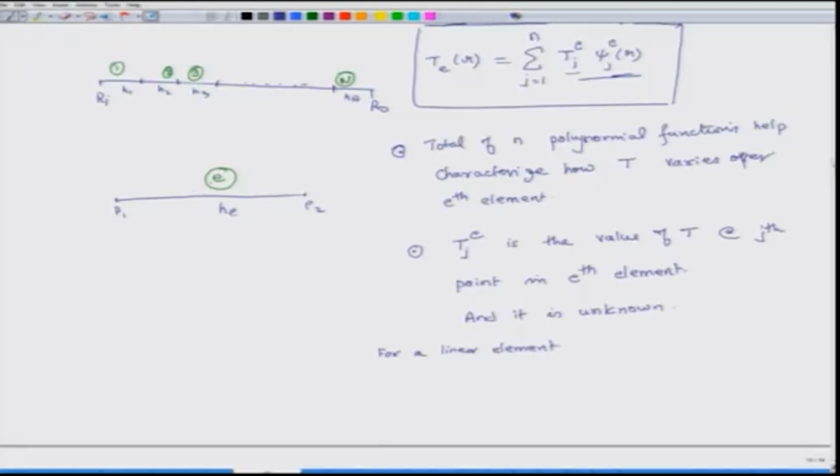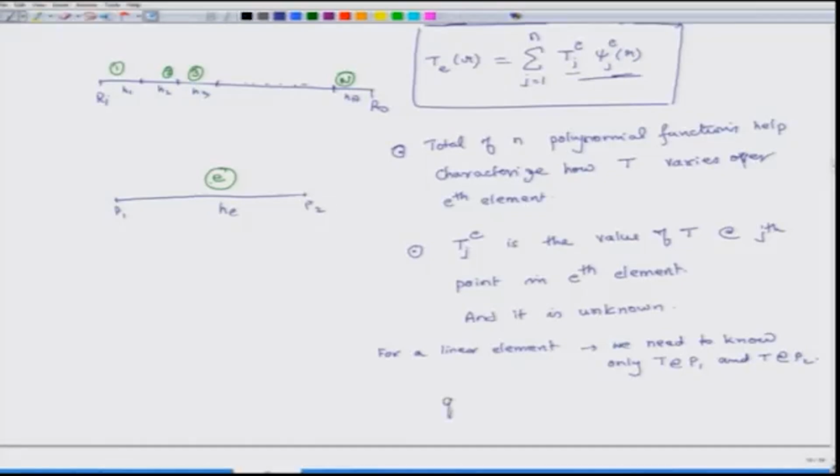Where the value of T is changing linearly over its length, then we have to know the value of T at 2 points, right. For a linear element, we need to know only T at P1 and T at P2, right, and then we can interpolate. So, then we can develop an interpolation function based on that.